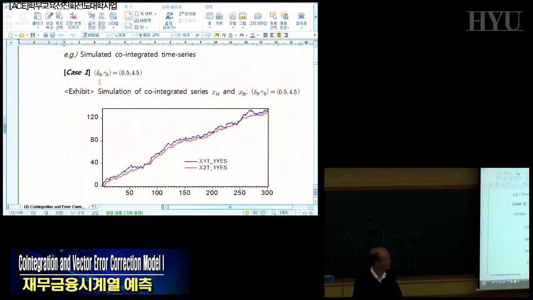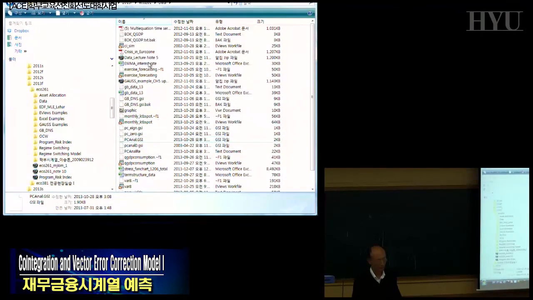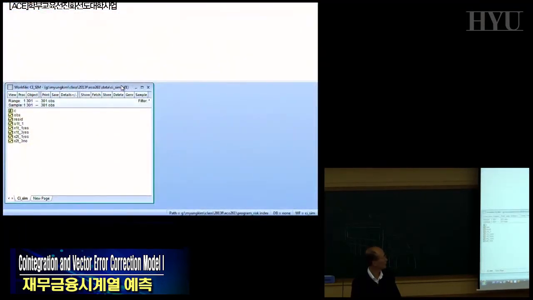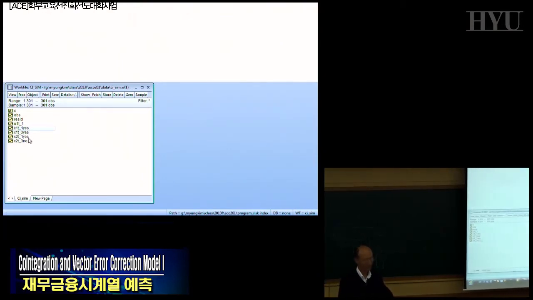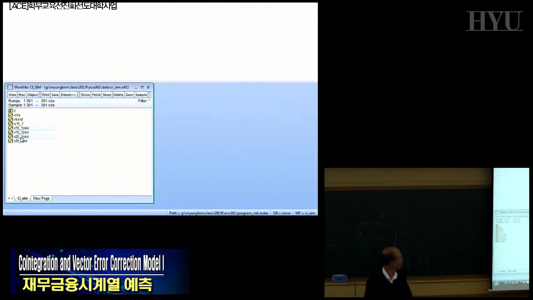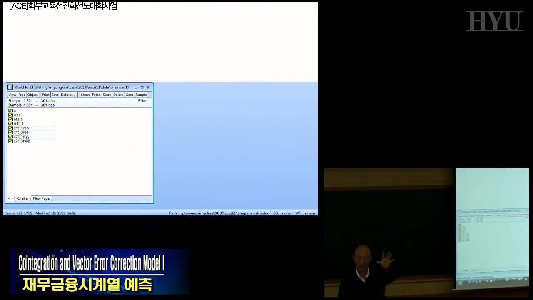I uploaded this information on our site. So this one, Y1, Y2. First, yes means rate of drift. Delta 0 and gamma 0 are non-zero.